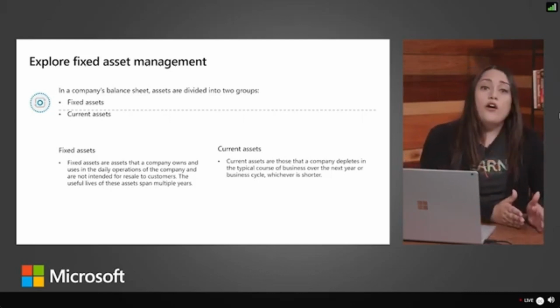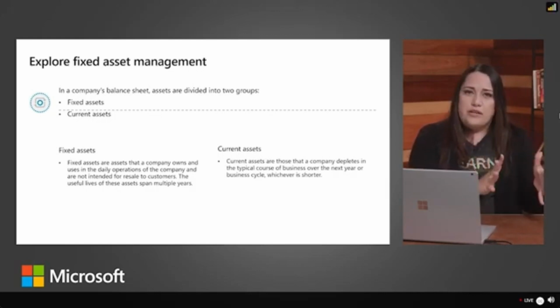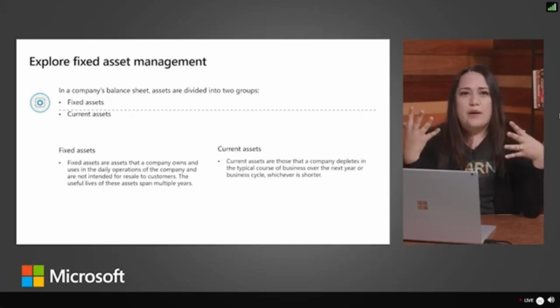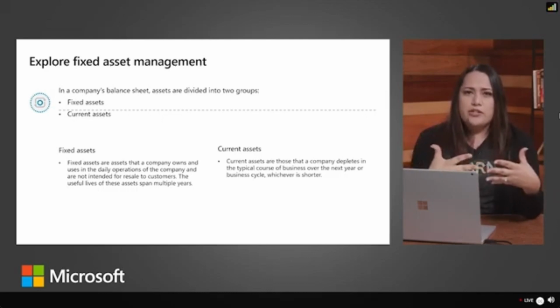Fixed assets are owned by the company with the goal of productive use by the company rather than resale. So we are expecting them to provide some sort of economic benefit for more than one accounting year, and they're designed to help the business operations.